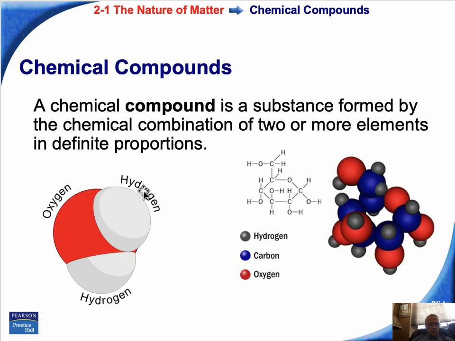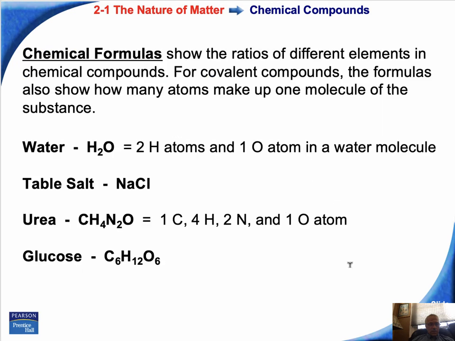So a water molecule has 2 hydrogen atoms and 1 oxygen atom, H2O. This glucose molecule, a single smallest piece of glucose you can get, has 6 carbons, 12 hydrogens, 6 oxygens.